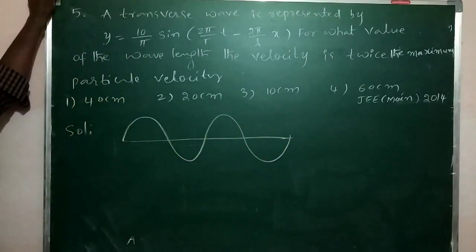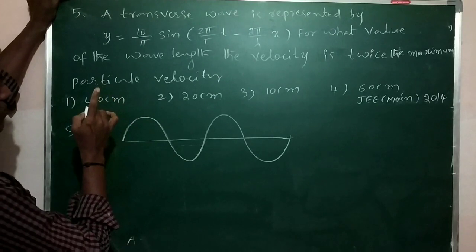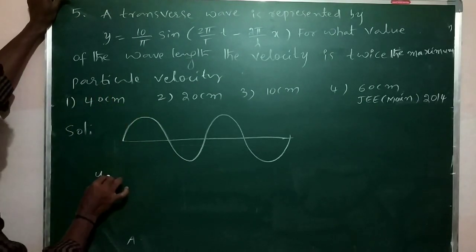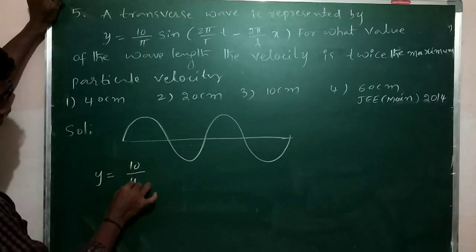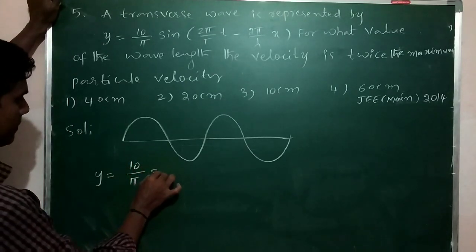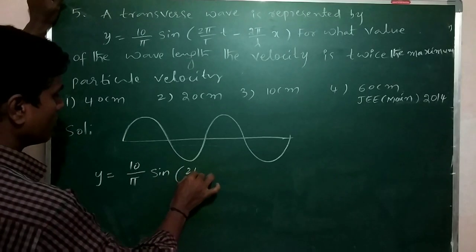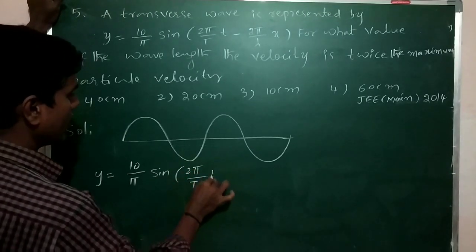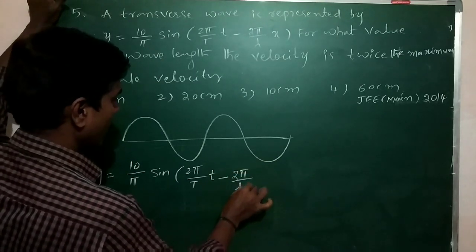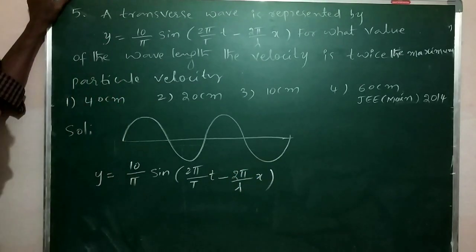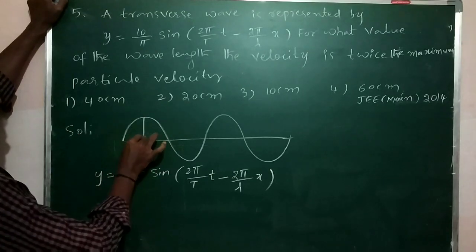It is a transverse wave, and this wave displacement equation is given in the question as y equal to 10 by pi sine of 2 pi by capital T small t minus 2 pi by lambda into x. Here is the amplitude.